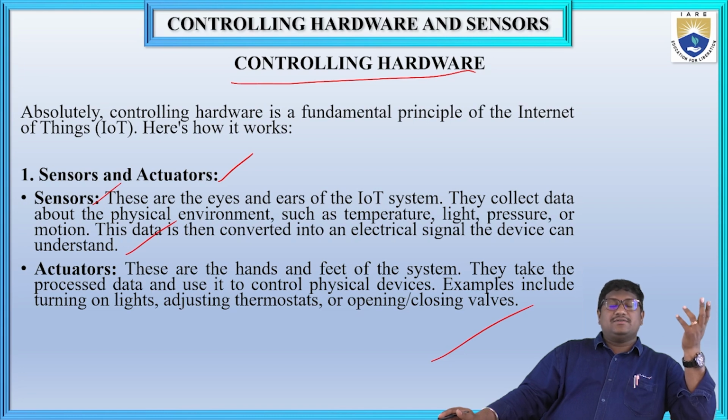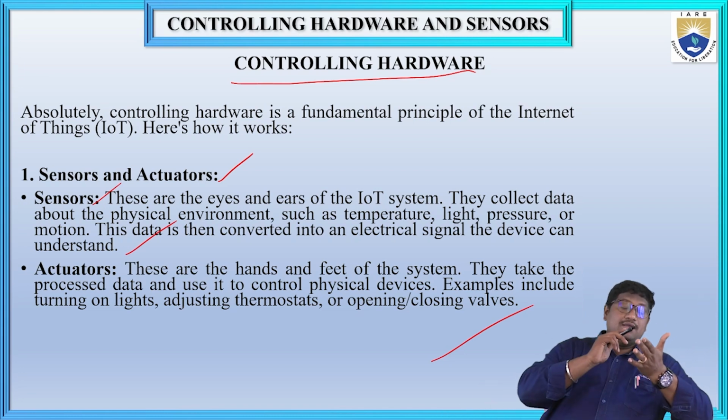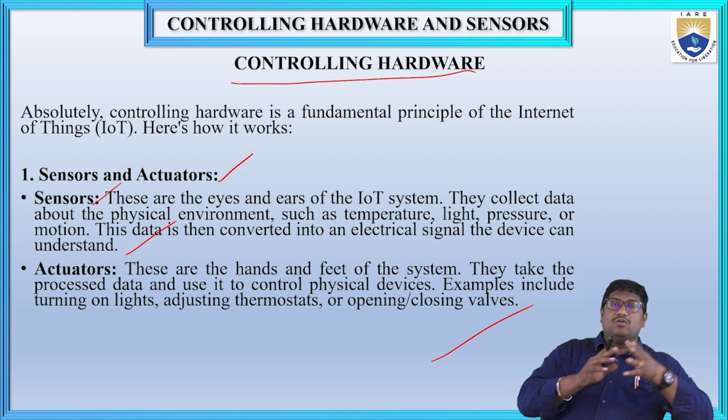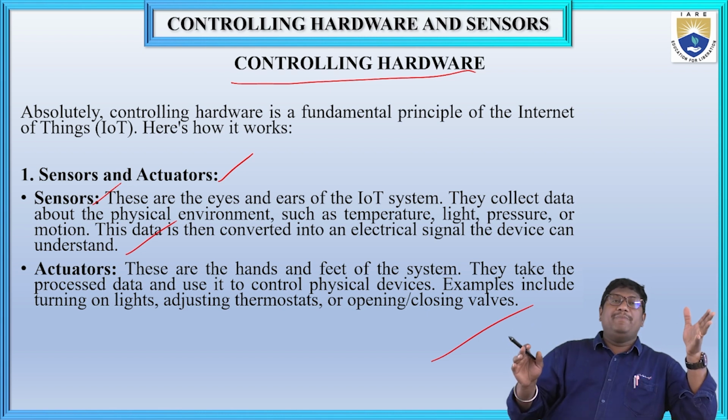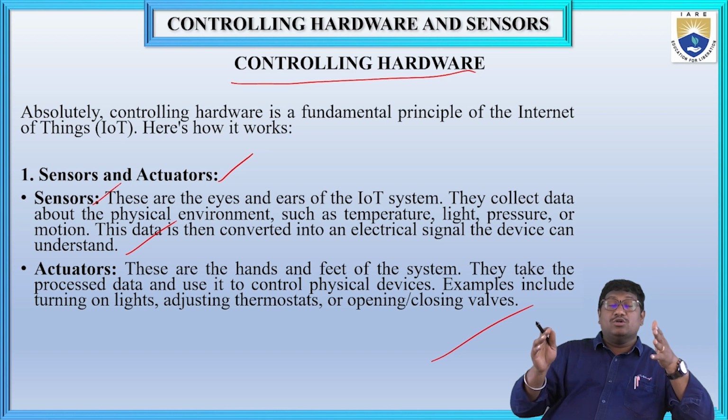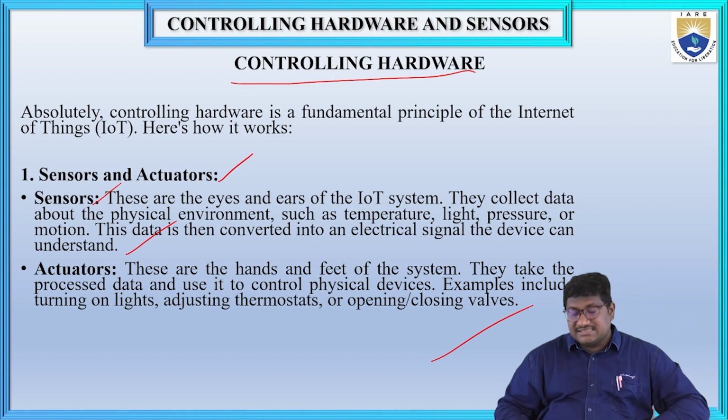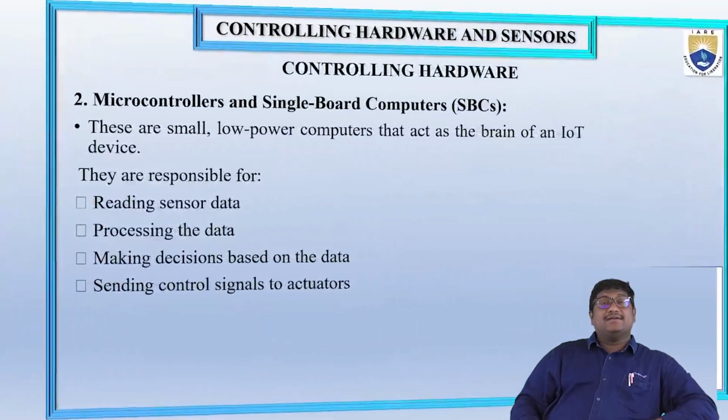For that purpose, actuators are the things. Sensors are your input pin. By placing that pin, automatically the door valves are going to be opened. The opening and closing of valves are part of actuators. Adjusting thermostats and turning on lights are also part of actuators. Have a look. This is about your sensors and actuators.